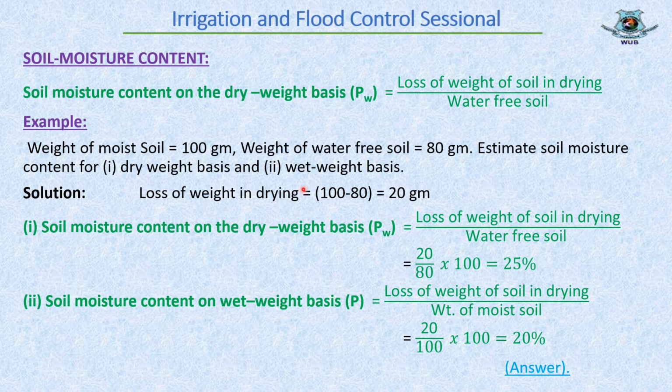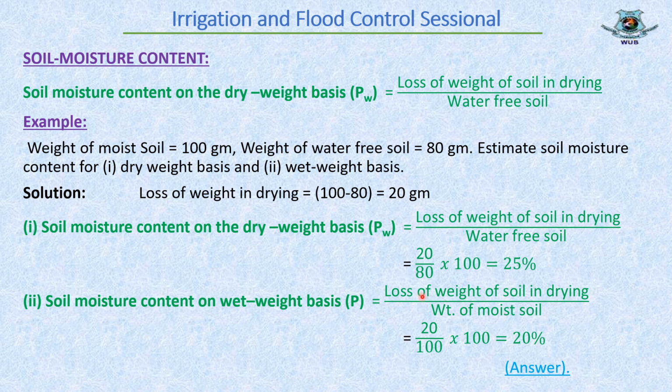Similarly, we have to calculate the moisture content for wet basis. Soil moisture content on wet basis, P, equals loss of weight of soil in drying divided by weight of moist soil. Here in the dry basis it was the weight of water free soil, and in wet basis it will be the weight of moist soil.